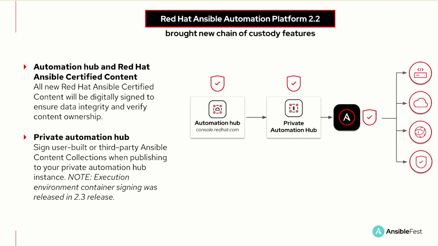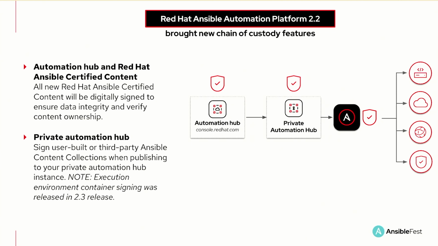So just talking about the vectors here, what are the attack vectors? Basically, the content that you're getting for automation, or that you want to build Ansible automation on, where is it coming from? We are just trying to secure all the sources for the customers. On the diagram, you'll see the check marks where we have the signing capabilities. The first one is public automation hub, console.redhat.com, like I talked about.